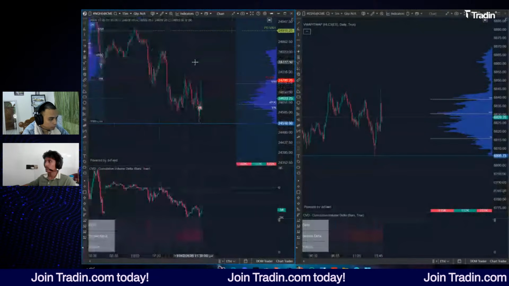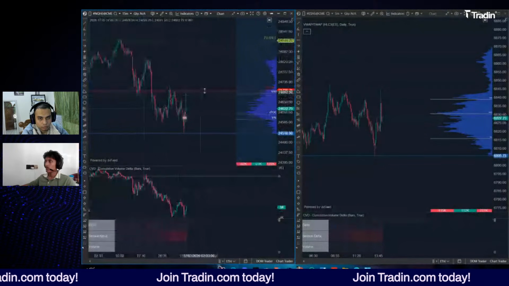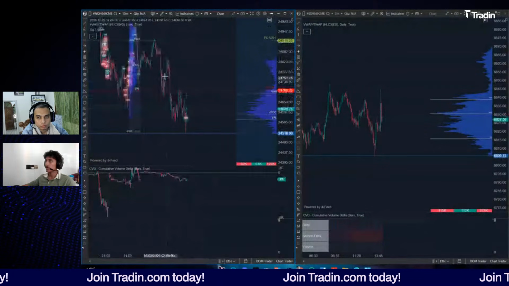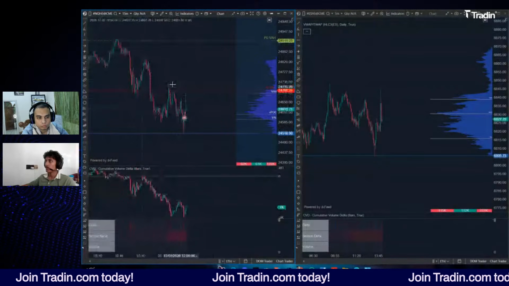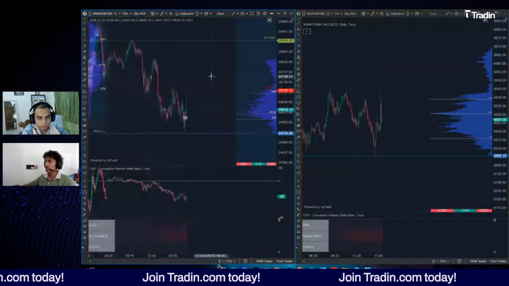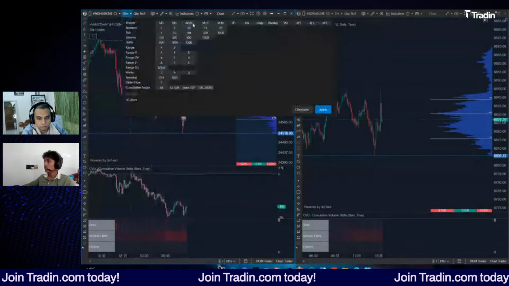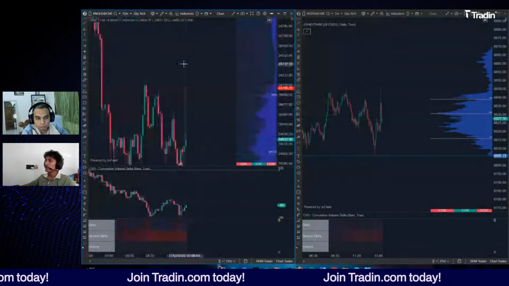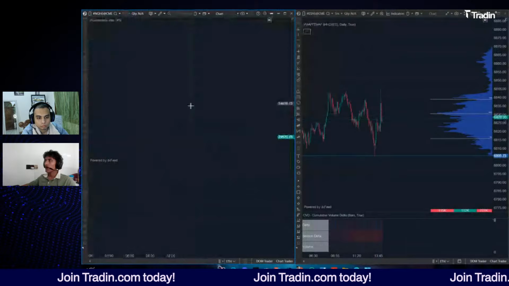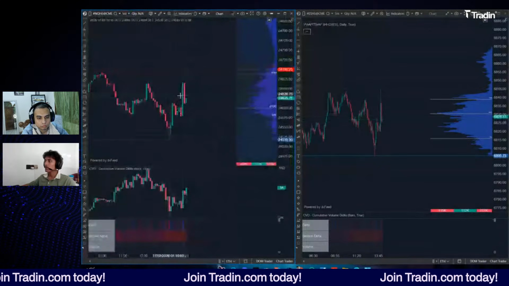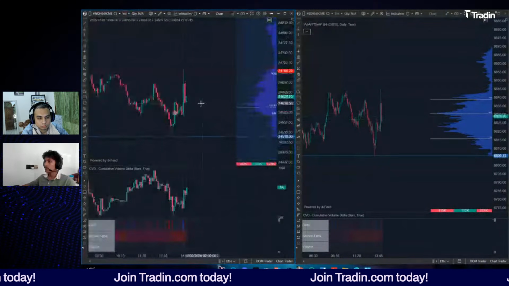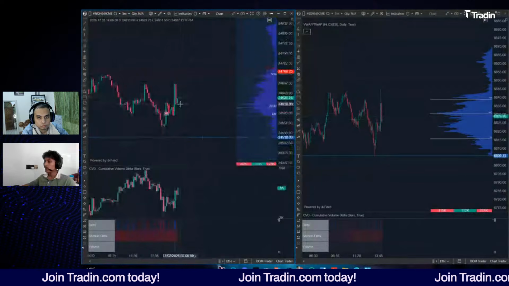The previous day value area low is aligning with the hourly gap, also our gap. So it could be a very interesting short. I think I'm looking at the 5 minute. Let me check the five. If you go down to market open, we have like 30 minutes.